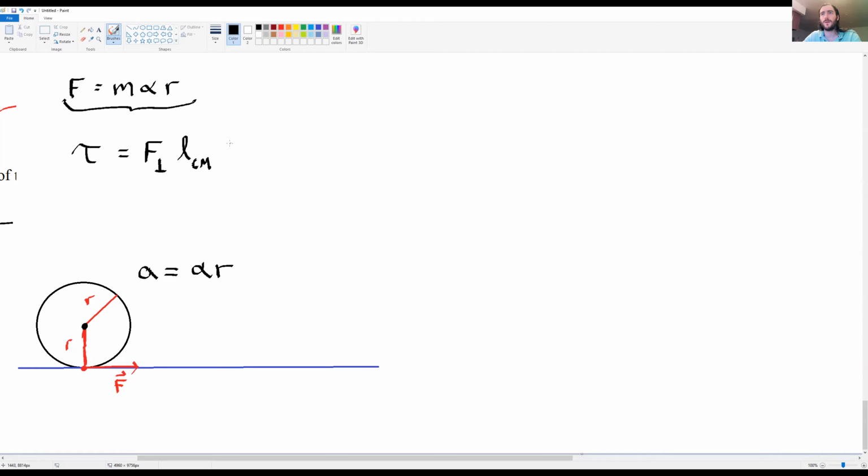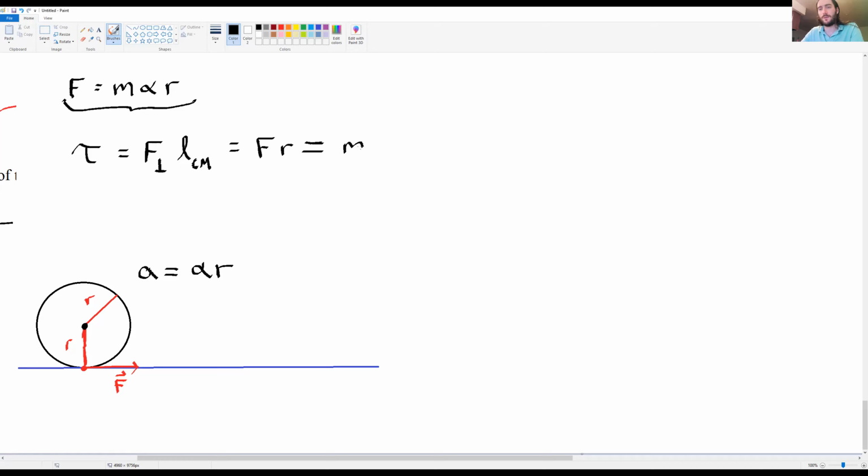But of course, the force here is already perpendicular, so we'll just replace that with F. And then the lever arm is just R, so we'll replace that with R.